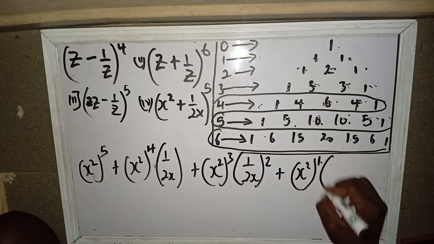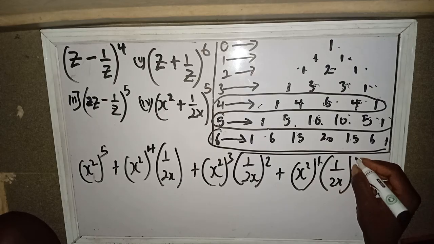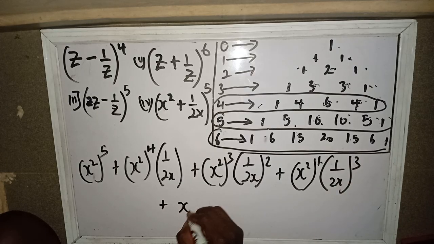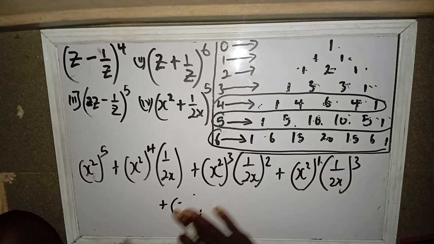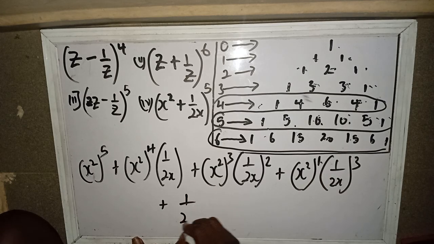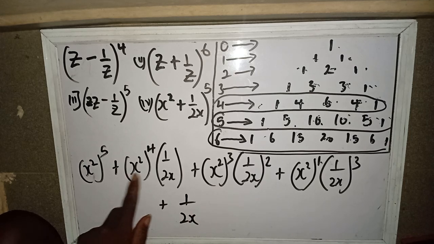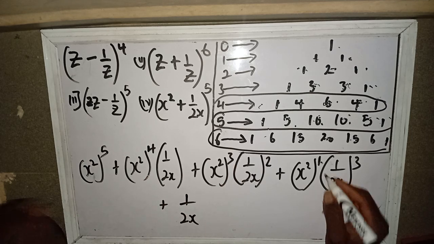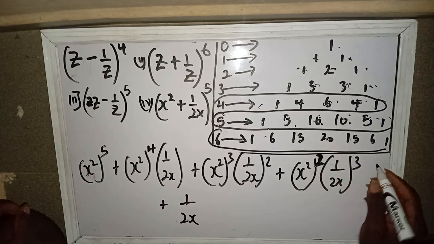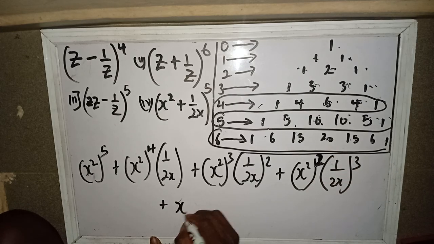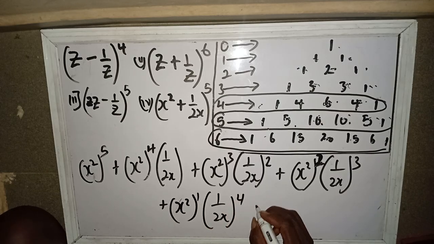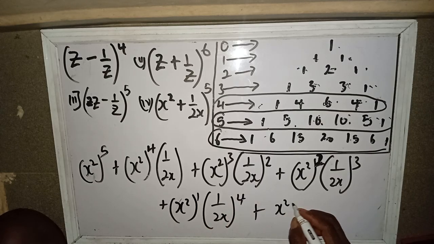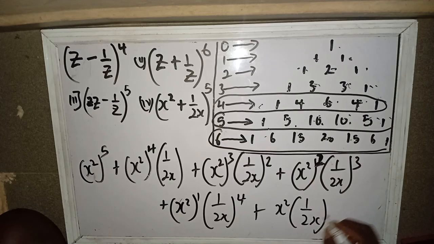Reduce it again, then 1 over what? 2x all cubed plus s square, then the power 0 we don't need because it will be 1. Powers 5, 4, 3. Okay, this should be 2, this should be cube. So we still need s square raised to power of 1, 1 over 2x to the 4 plus s square, 1 over 2x to the 5. Do we get that?